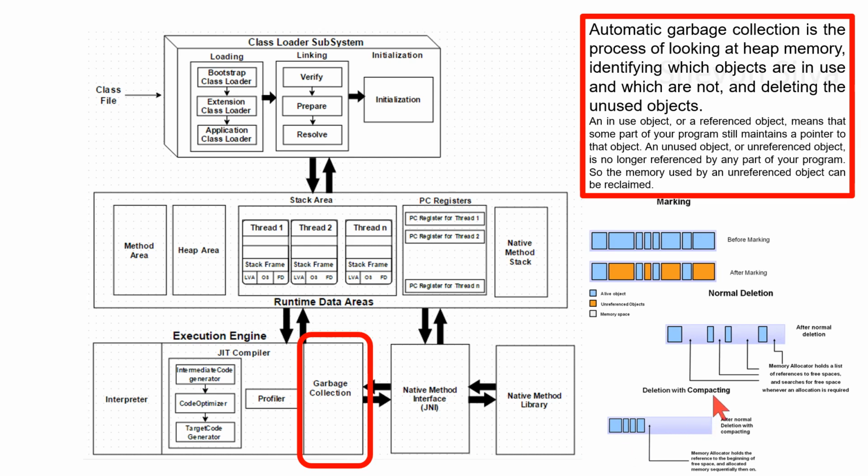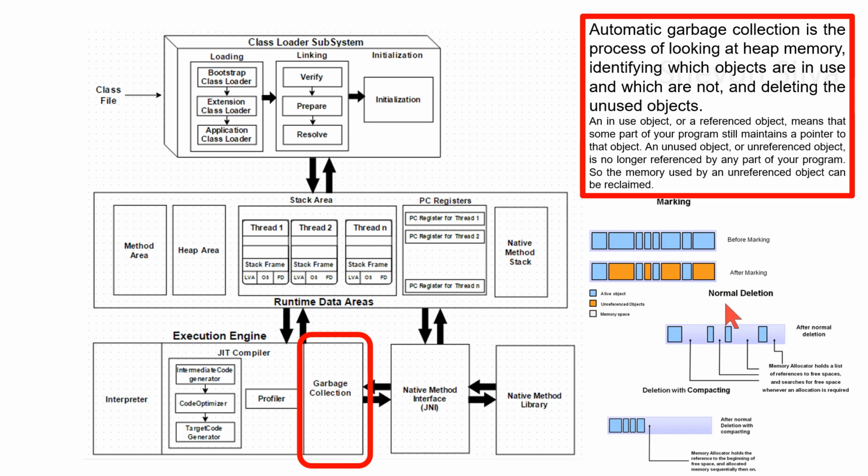In this diagram you can see three stages. In marking, this is where the garbage collector identifies which pieces of memory are in use and which are not. Here before marking, and after marking it identifies a live object here and unreferenced objects here and memory space.